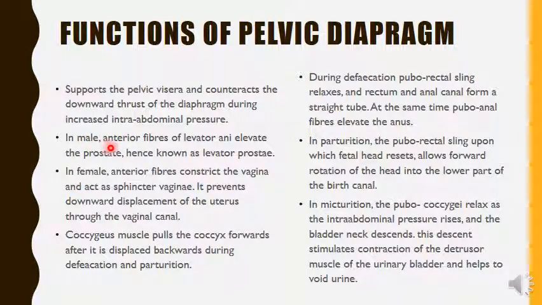Then in the males, the anterior fibers of levator ani elevate the prostate gland, right? Hence it is also called the levator prostatae. The anterior fibers mainly form the pubococcygeus part here again. Then in females, anterior fibers constrict the vagina and act as sphincter vaginae. So it prevents the downward displacement of the uterus through the vaginal canal.